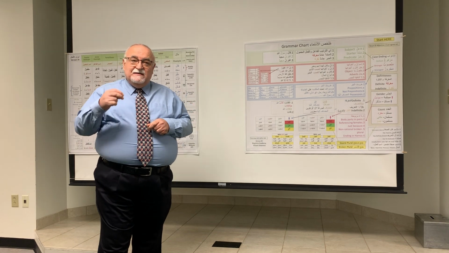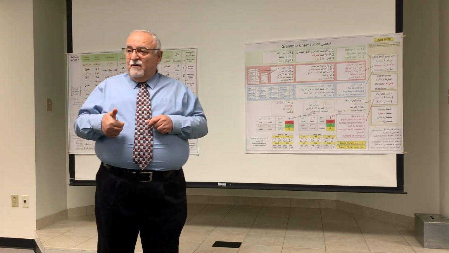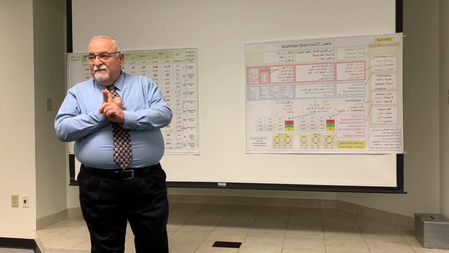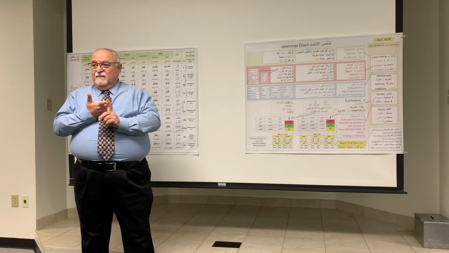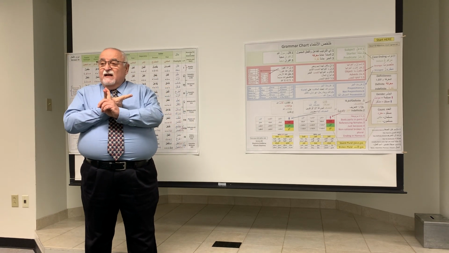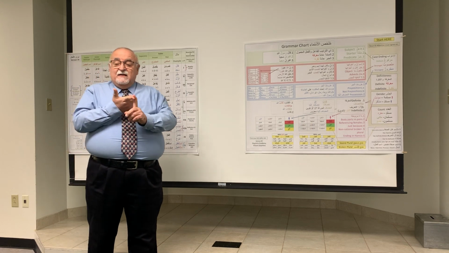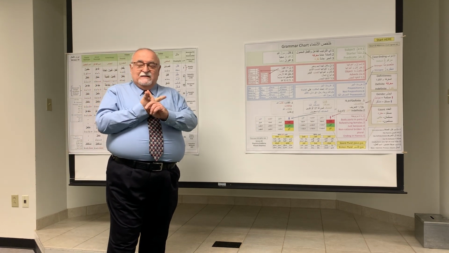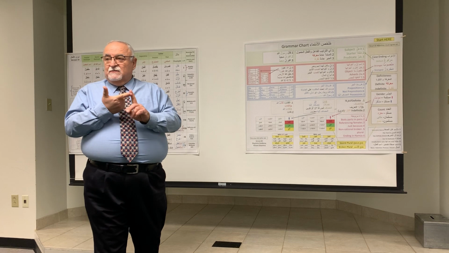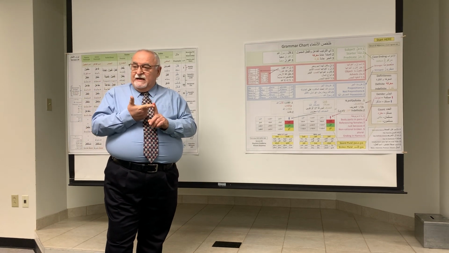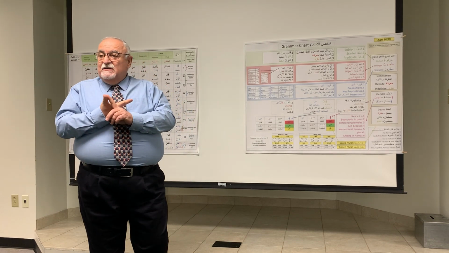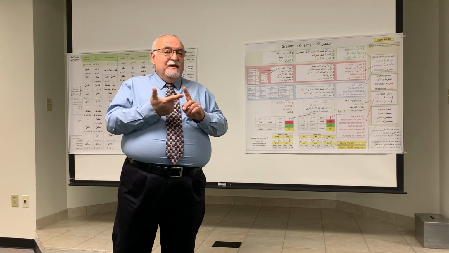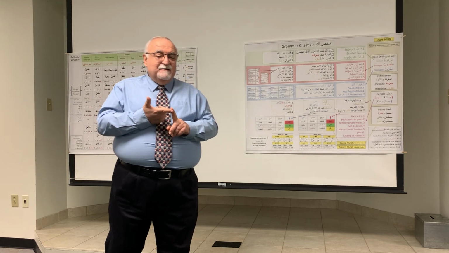A nominal sentence in Arabic is a sentence that does not have a verb, but it has a subject and it has a predicate. It has a mubtada and a khabar, information, subject and predicate, two nouns. The structure of them is that the subject is always definite and the predicate is always indefinite.